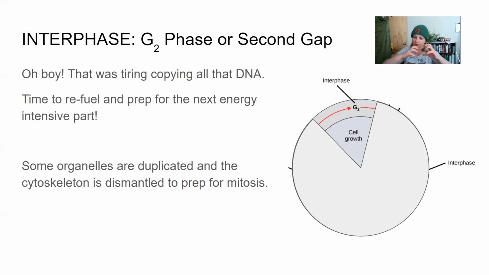We also have to get rid of some of the cytoskeleton. If we're too rigid, we won't be able to pull apart to make a new cell, so we need to remove some of that infrastructure. That's all happening in the G2 phase, or second gap phase.